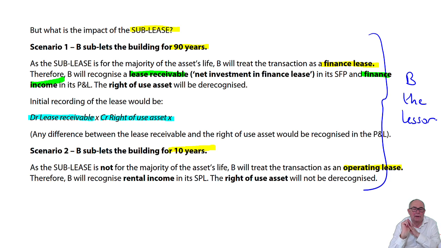They leave the car in the balance sheet and just recognize rental income. So I will leave the right of use asset in my accounts and again, just show rental income. I know it's a complicated phrase, isn't it? But the right of use asset will not be de-recognized. Leave it alone. But what we will show is rental income coming in.